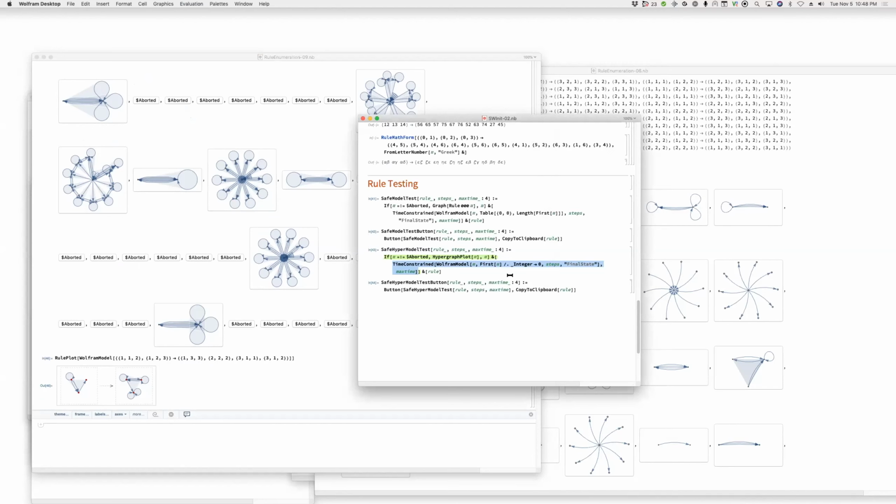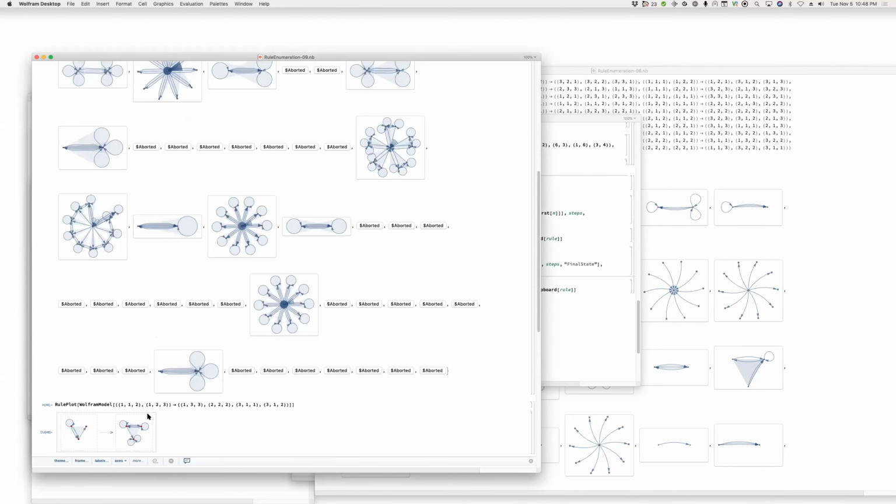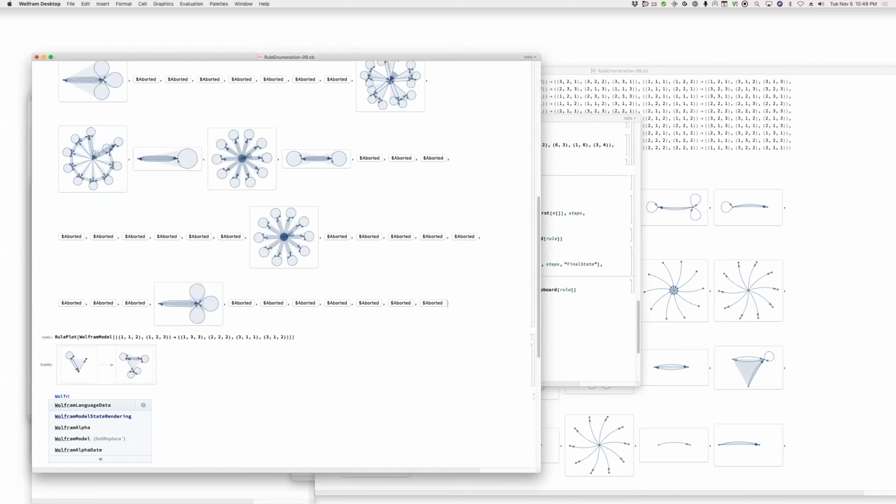So now, okay, that's starting with the all zeros thing. So let's see whether we can actually run. Let's see what it does if I try and run this.